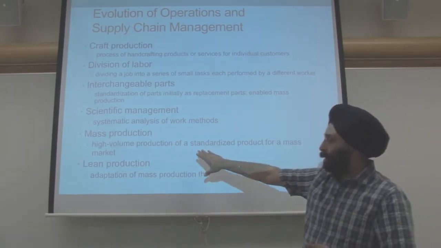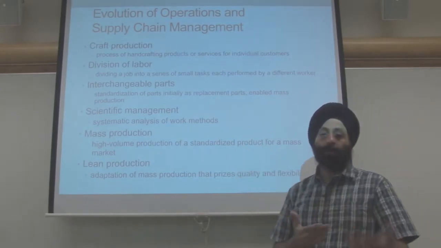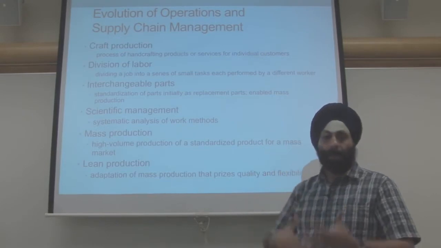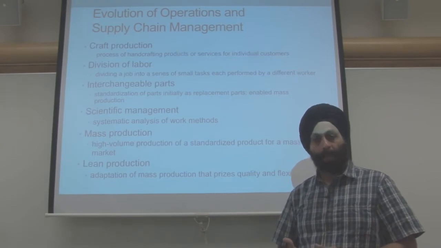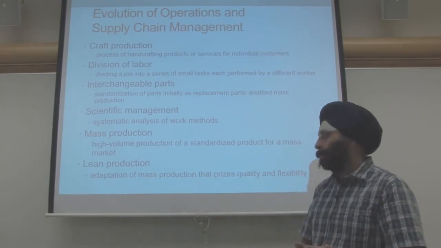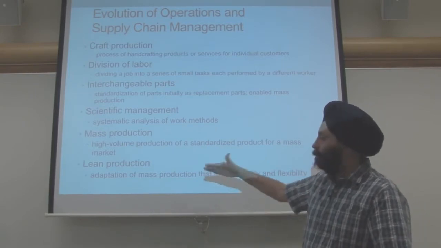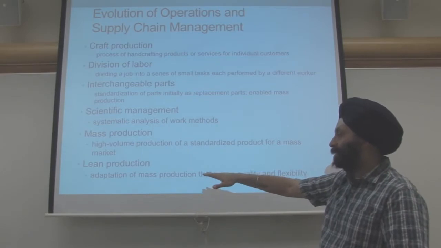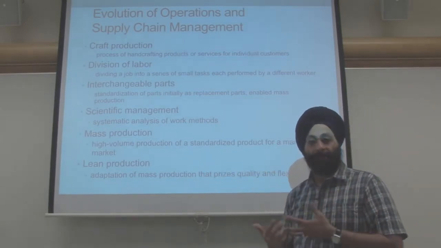Mass production is where high volume production, a lot of it through automation, produces standardized products for a mass market. So one product being produced, but in huge quantity. That's where the mass production line came in. And then over time, moving on to lean production, which takes the concept of mass production, but focuses more now on quality and flexibility.